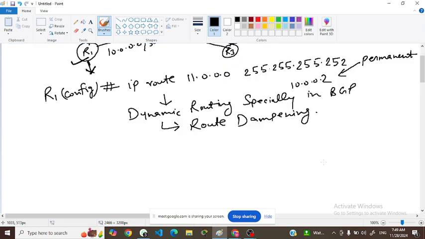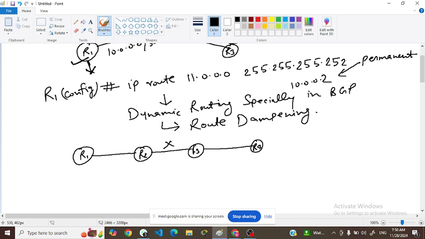Let's suppose here we have routers R1, R2, R3, R4. Here we have connected these routers with each other, and continuously this link is flapping. It is going down and coming up, going down, coming up.